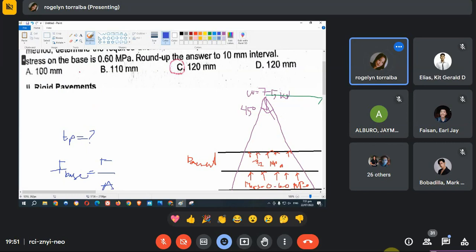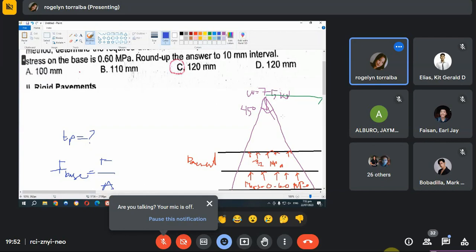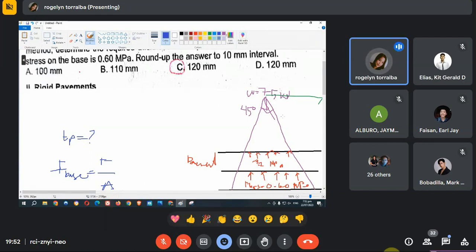Wala. Masolve ba nato ni class, kung wala tay radius sa wheel? Masolve na to dili. Di ba wala tay radius sa wheel? Tapos ang gipangita is thickness sa pavement. So how do we solve this? Nga duha ang unknown.